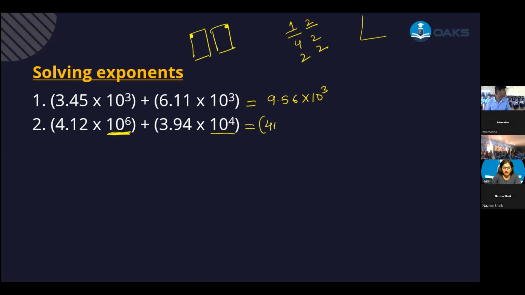It is 412 by 100 into 10 raised to power 2 into 10 raised to power 4. Is that right? School 1, can you answer? So I can cancel this. Now 412 and we have to add with 3.94.